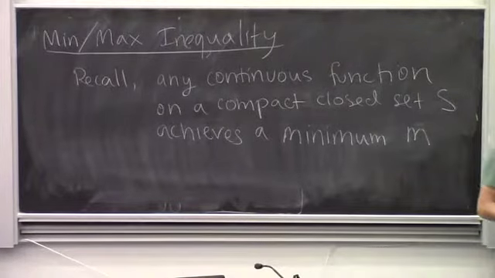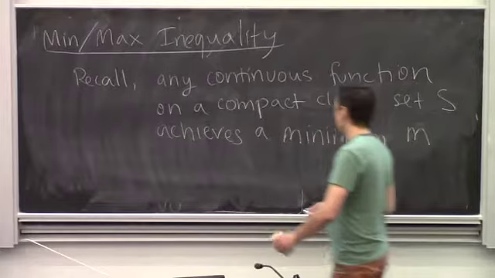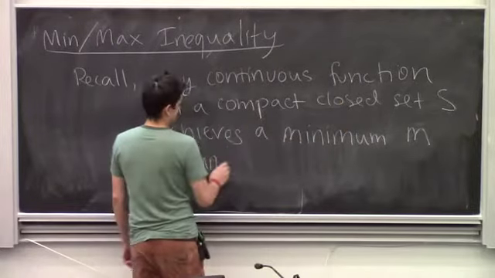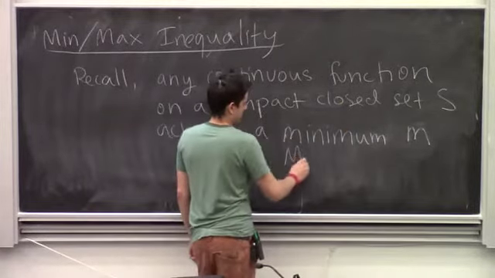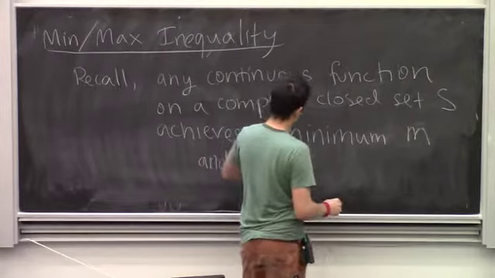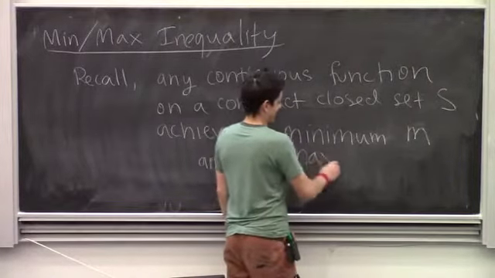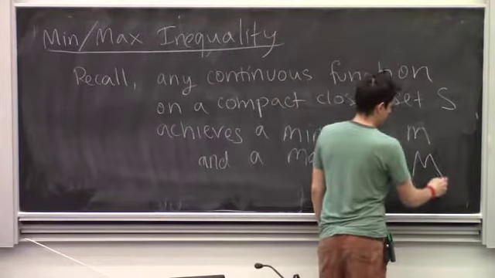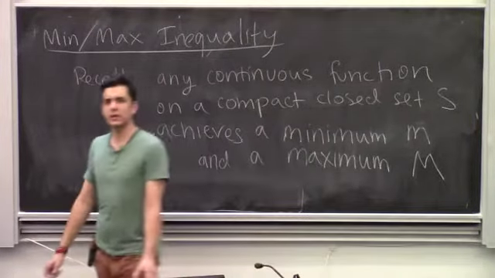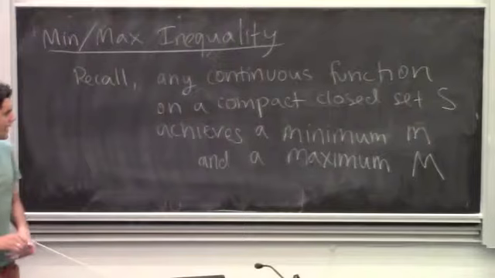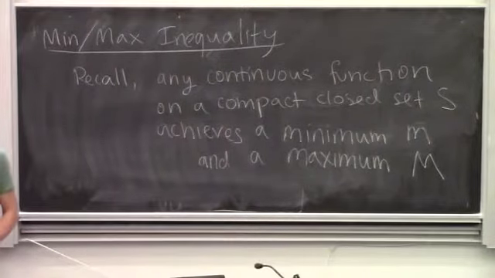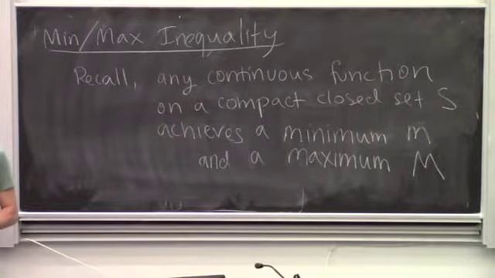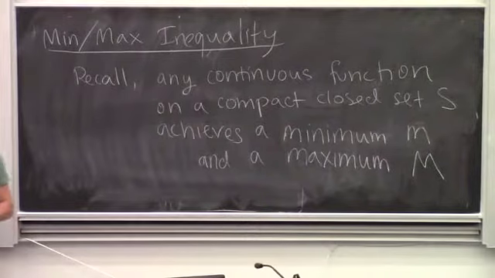Okay, any function on a compact closed set achieves a minimum little m and a maximum big M. Okay, so this is our extreme value theorem, which is extremely valuable.